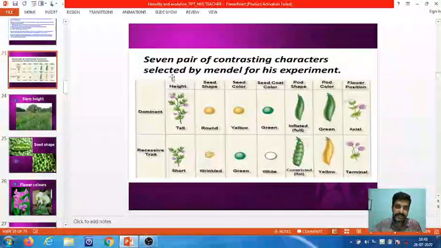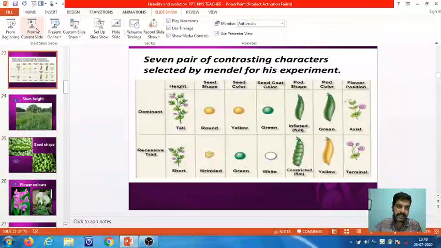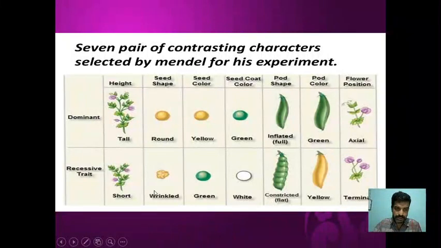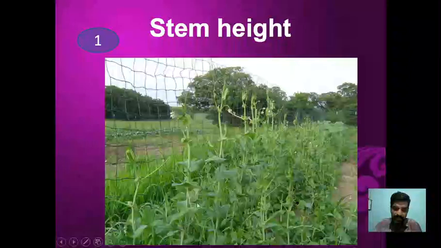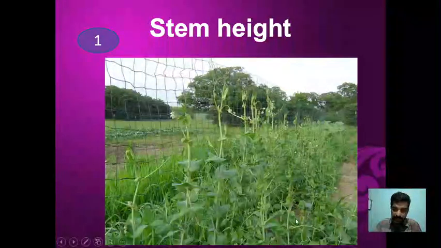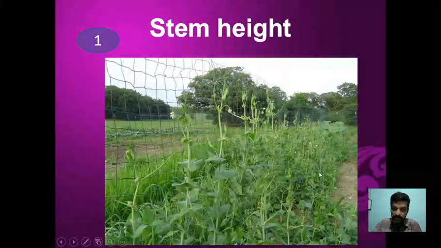Next, we are going to discuss the next trait. You can see here the pea plants, these are the tall plants, stem height, and there are dwarf plants or short plants.